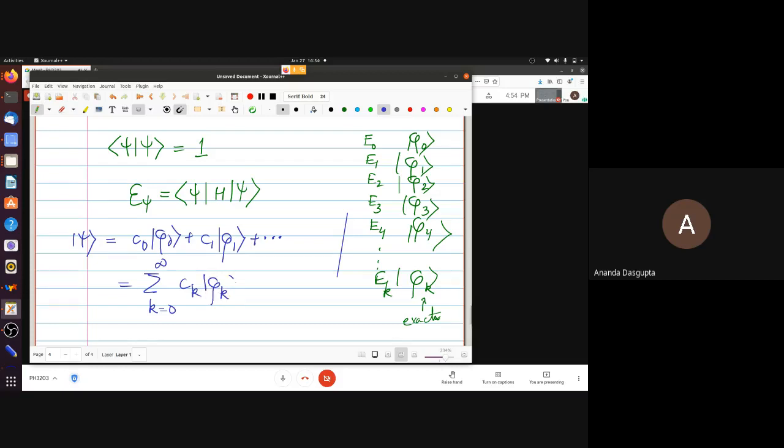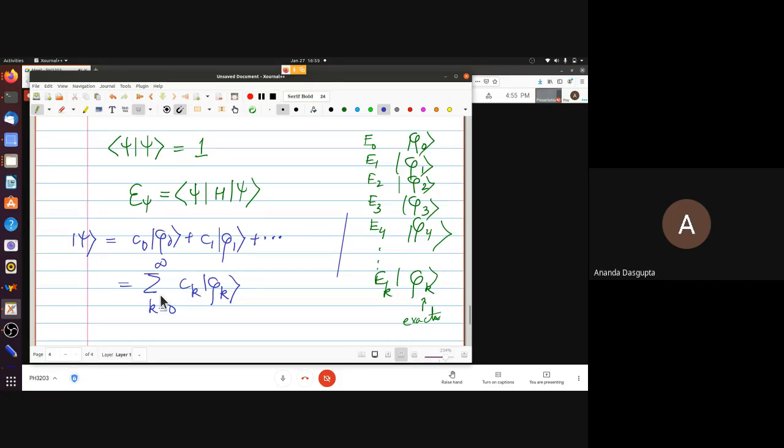Now, just for the sake of convenience, I'm assuming that these energy eigenvalues are discretely spaced and countable. That is, I can label them using 0, 1, 2, 3, and so on. There are plenty of systems in which that can't be done. You may have a continuum of energy eigenvalues. Even for those, I'm going to just use this notation.